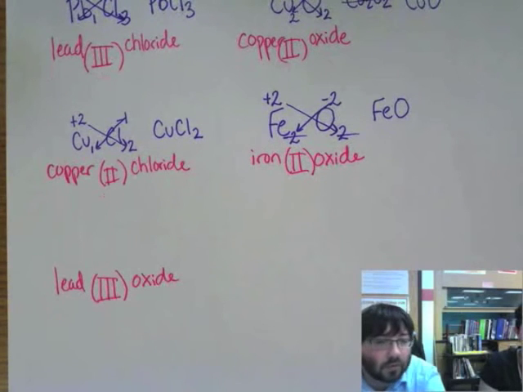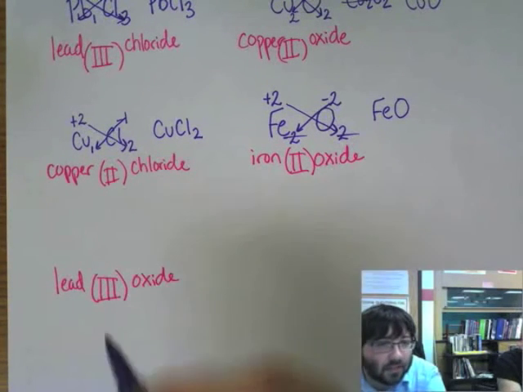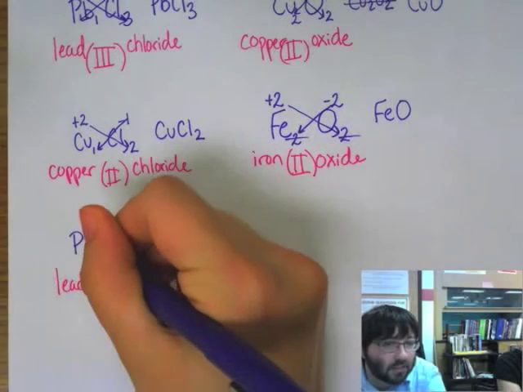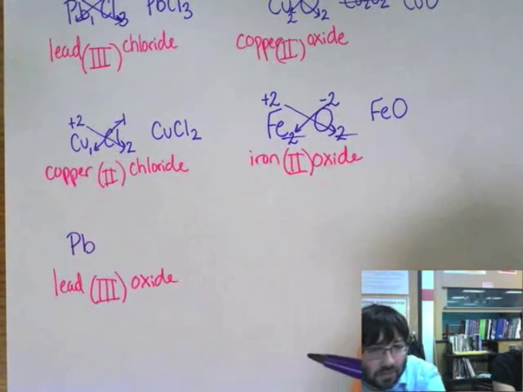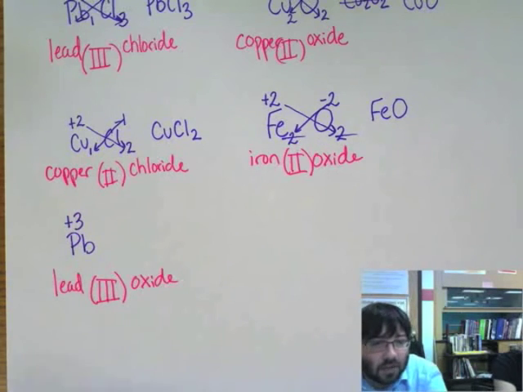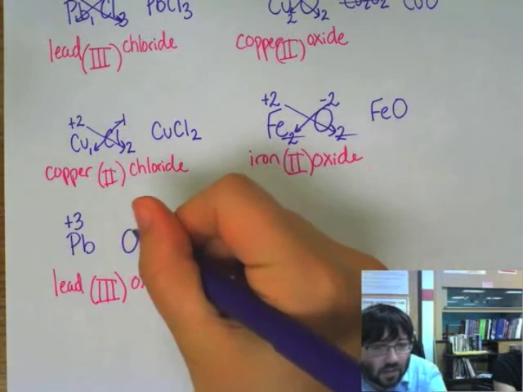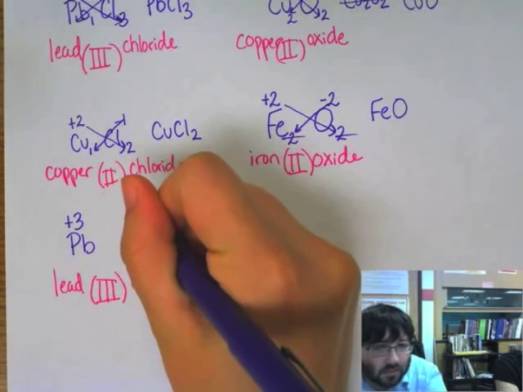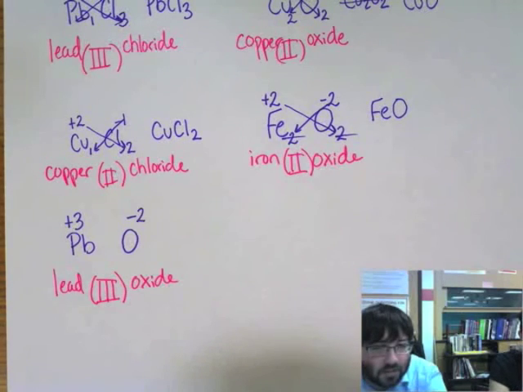It is lead. Yep. Looks like it has a charge of 3. Mm-hmm. And we have oxygen. The oxygen has -2. It does. So what are we going to do with that?